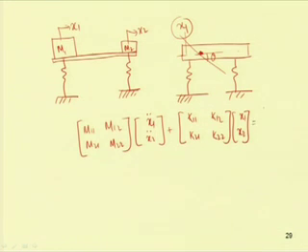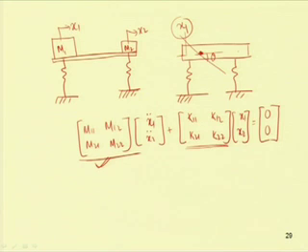So, this is equal to, in case of a free vibration, 0, 0. In this case, if the off diagonal terms are present, then the system is coupled. If the mass matrix is coupled, then the system is known to be dynamically coupled, and if the stiffness matrix is coupled, that is the off diagonal terms are present, then the system is known as statically coupled.